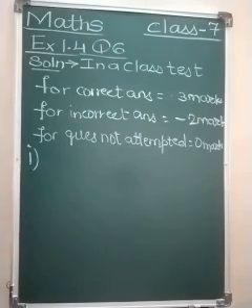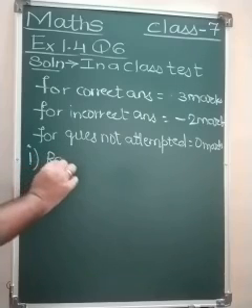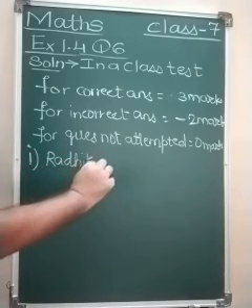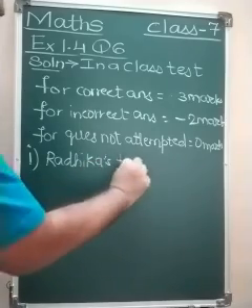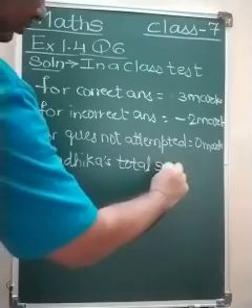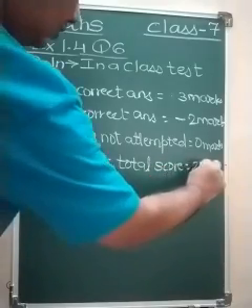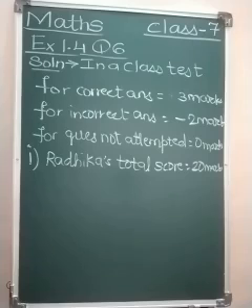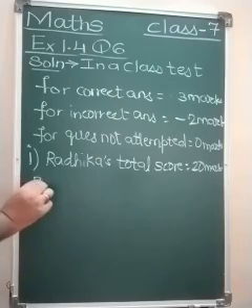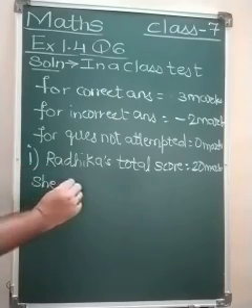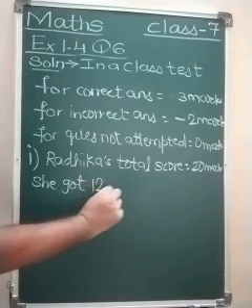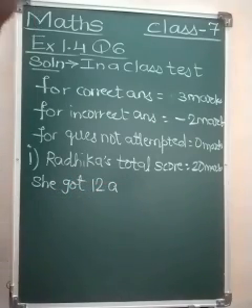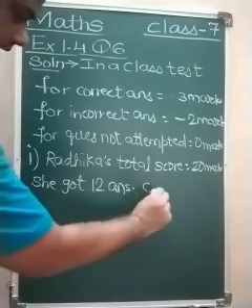Okay, so now in this first part, Radhika's total score equals 20 marks. Also, she got 12 answers correct.